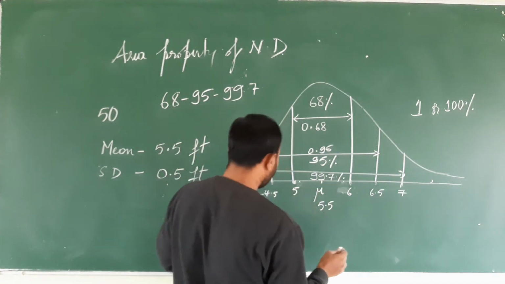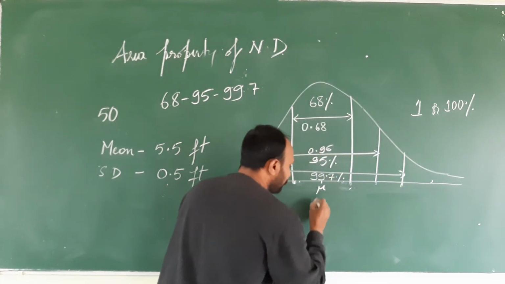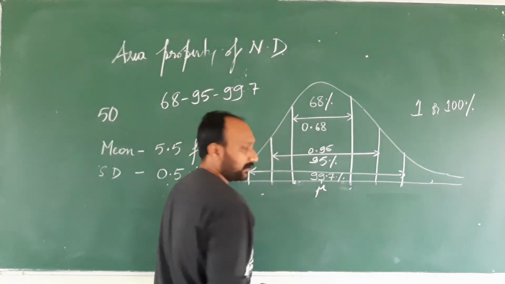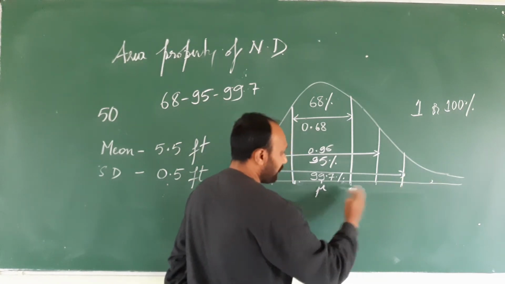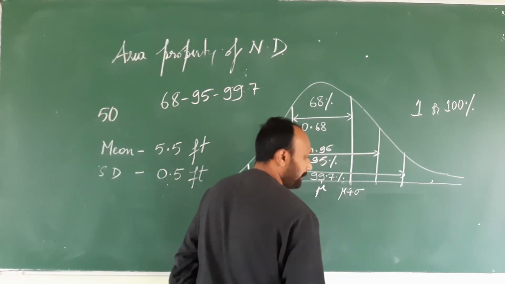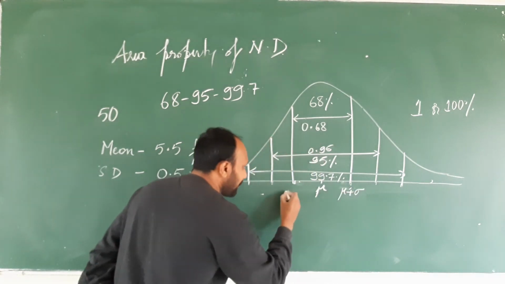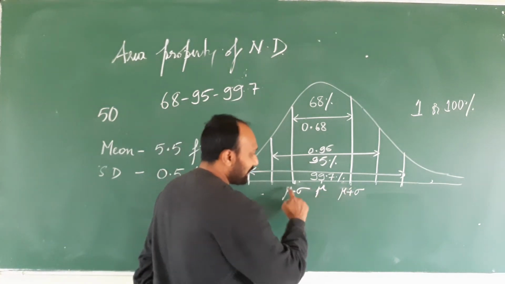If the center is mu, then towards the right side of mu, that is mean or median, it is mu plus sigma. Towards the left side, it is mu minus sigma. This is 1 standard deviation.